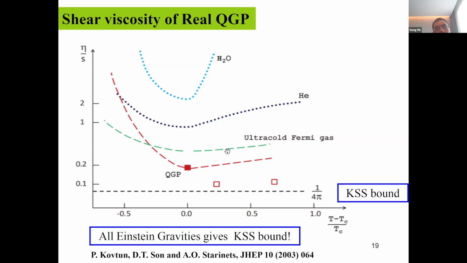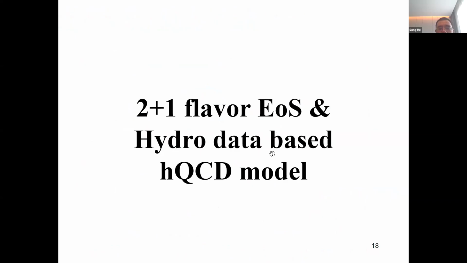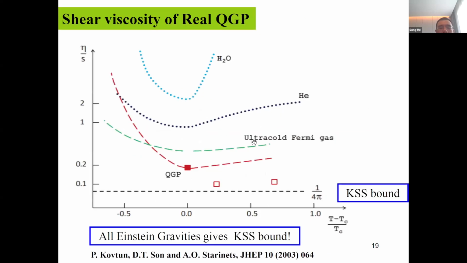So in that sense, our previous model does not capture the hadron property, just only the equation of state. We have to incorporate the hadron property data, and how can we realize this using a holography model, in terms of the holography prescription? And also, QCD matter is highly non-trivial.